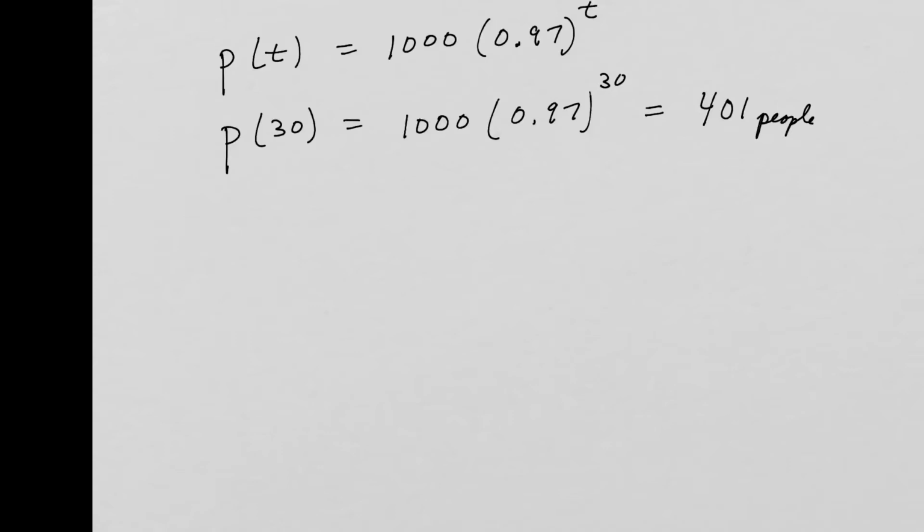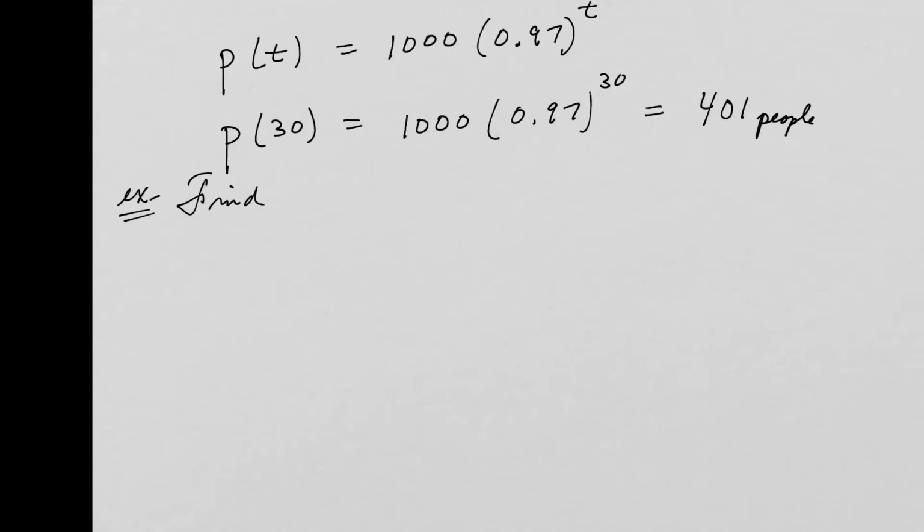Okay, next question. I want to find a formula for an exponential function passing through 2 particular points. All right, so let's see if I can squeeze this in the bottom here.